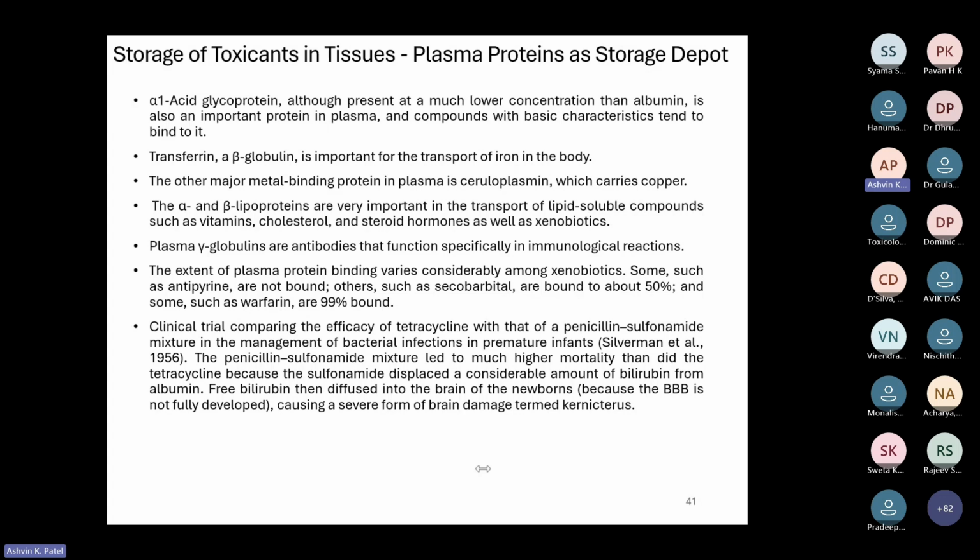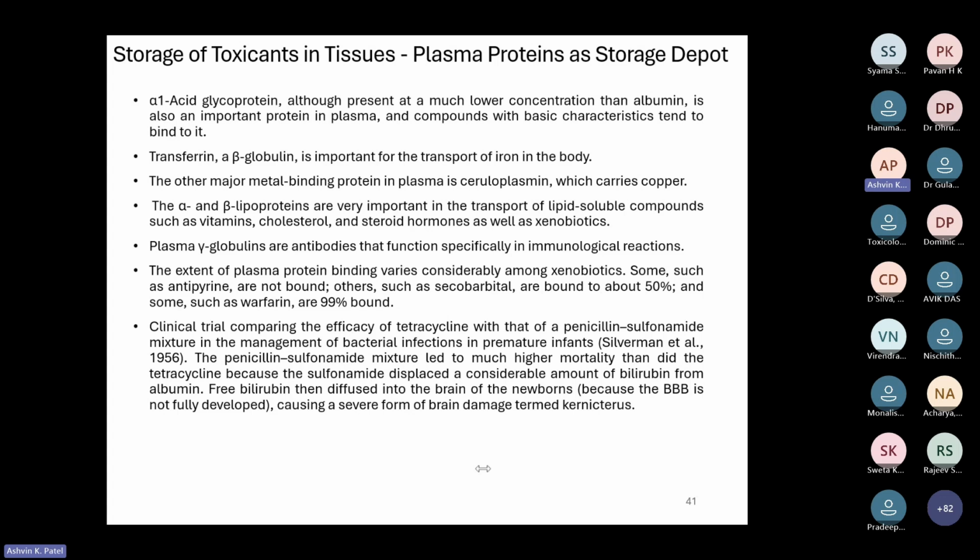Plasma gamma globulins are the antibodies that function specifically in immunological reactions. The extent of plasma protein binding varies considerably among xenobiotics. Some, such as antipyrine, are not bound. Others, such as secobarbital, are bound about 50%, and others such as warfarin are bound at 99%.